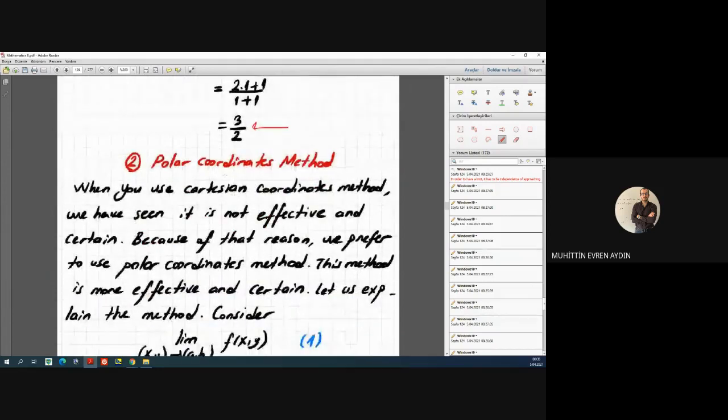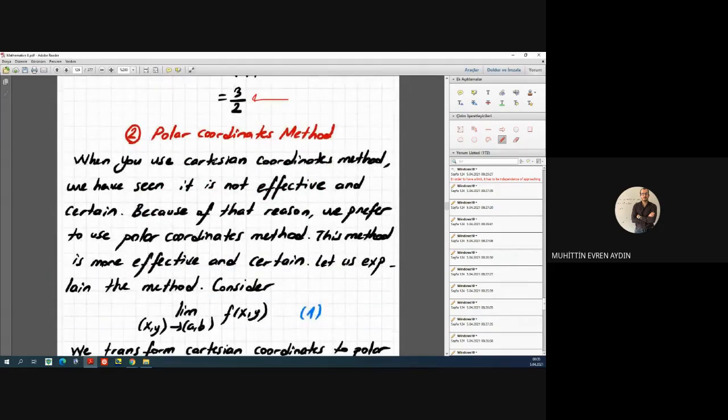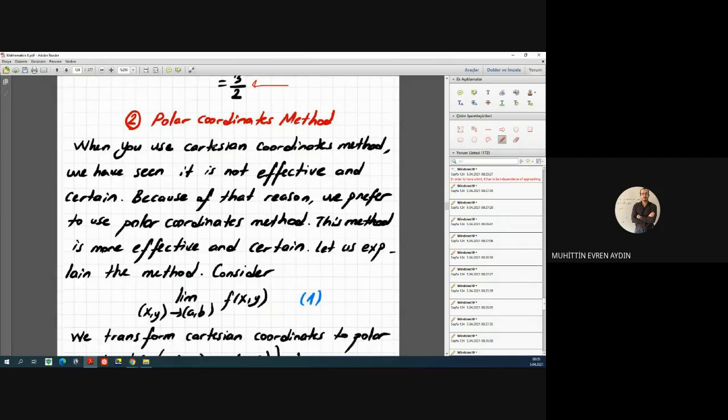Finally, we have a certain method, the polar coordinates method. By using this method, you solve almost all the limit problems. Okay, let's explain.